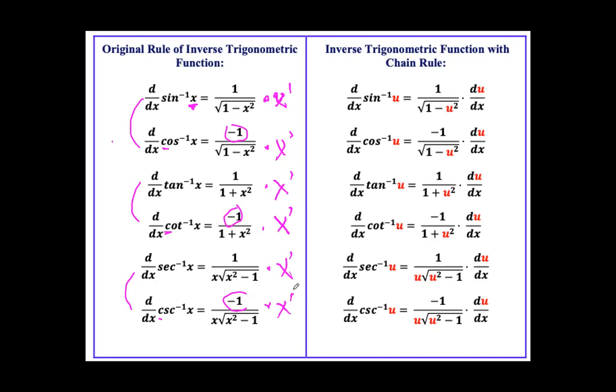The reason why they are not placed anymore is because they're just equal to 1. However, this will guide us on how to do the chain rule with this kind of formula. So du over dx is just equal to x prime, similar to x prime. However, the u here is more complex than the x here. So u is a function of x, while here it is just an x.